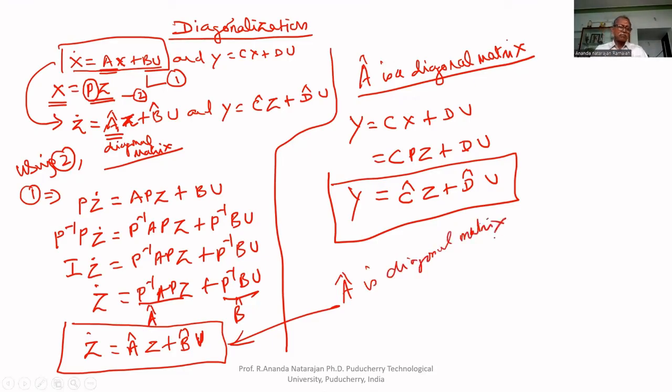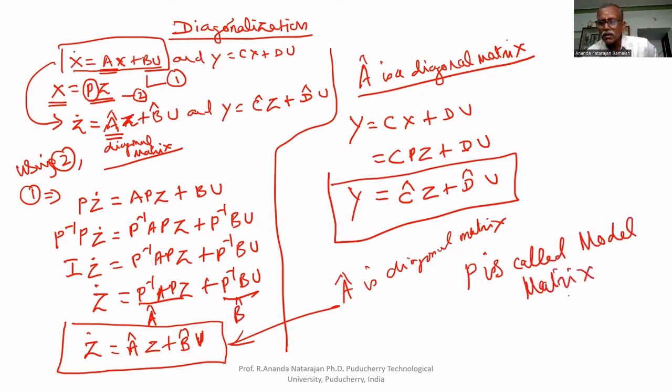How to find P? We have to find P. The P is called the modal matrix. How to find P, that we'll see.